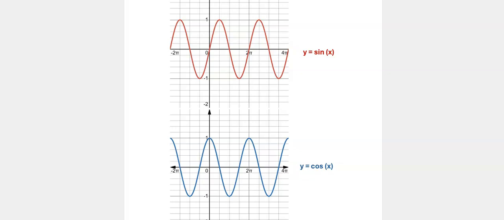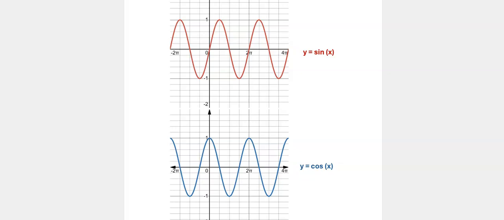Here I put the two graphs one on top of the other so you can see how similar they are. The sine function and cosine function, remember, are complementary functions. And as you can see, they appear to be shifted 90 degrees horizontally from each other, or pi over 2 radian horizontally from each other.